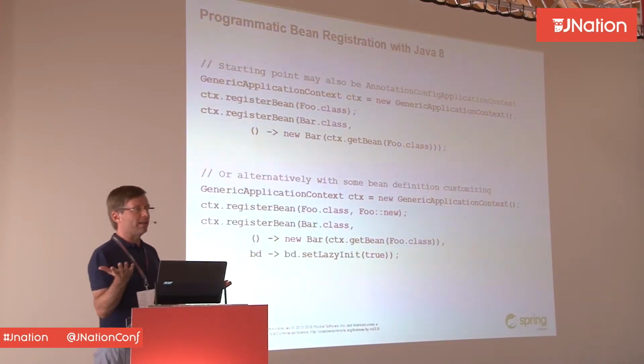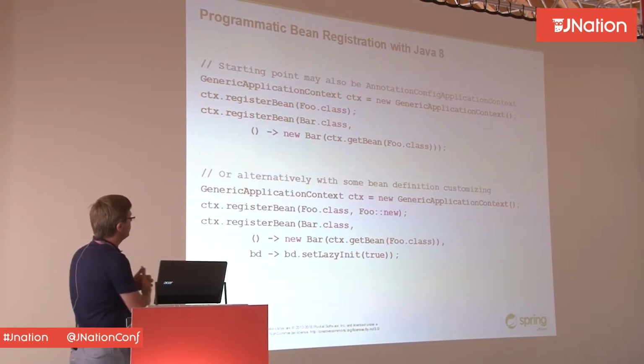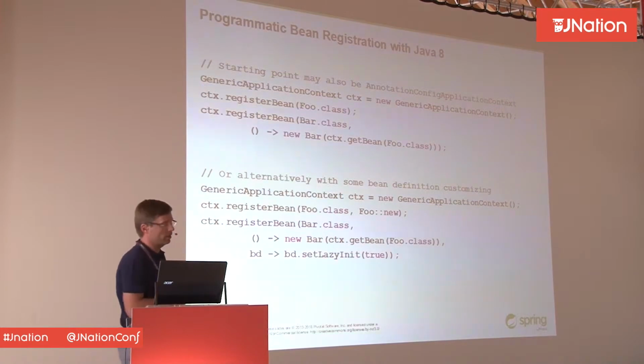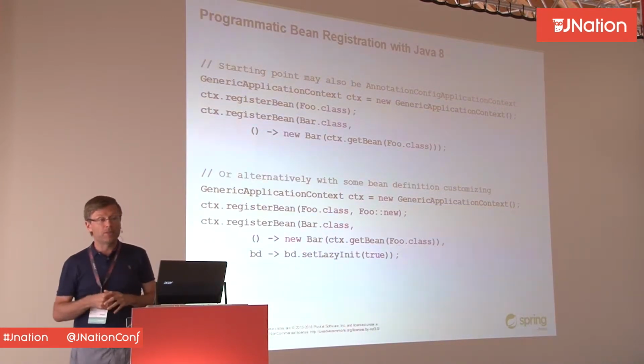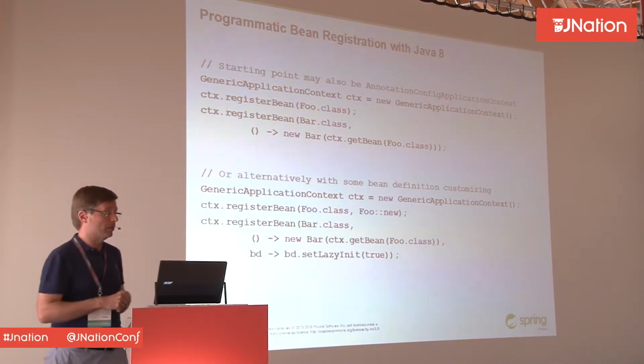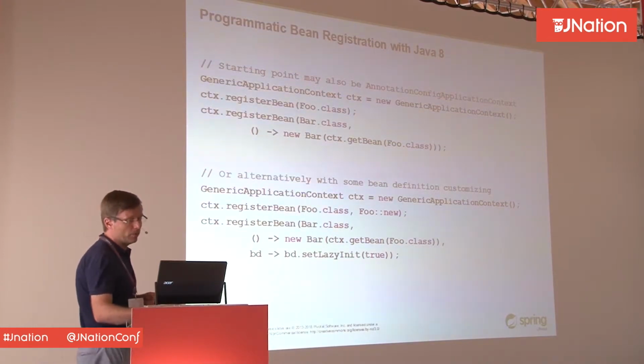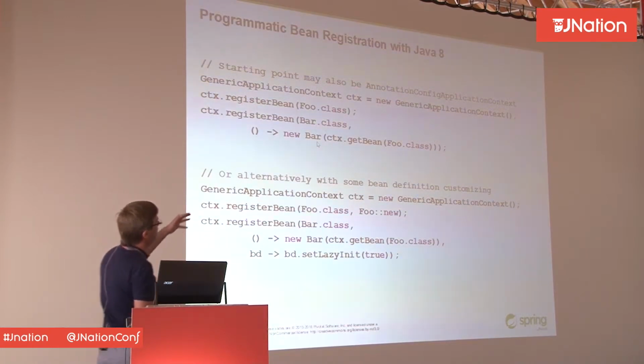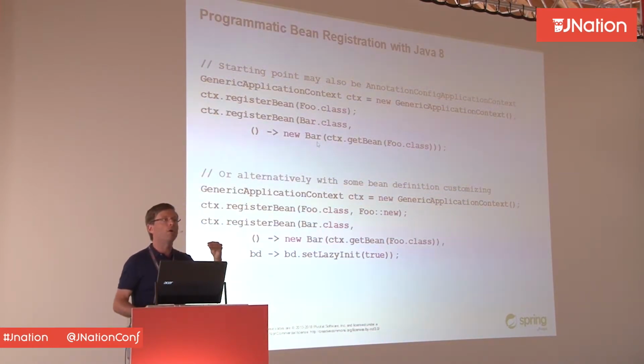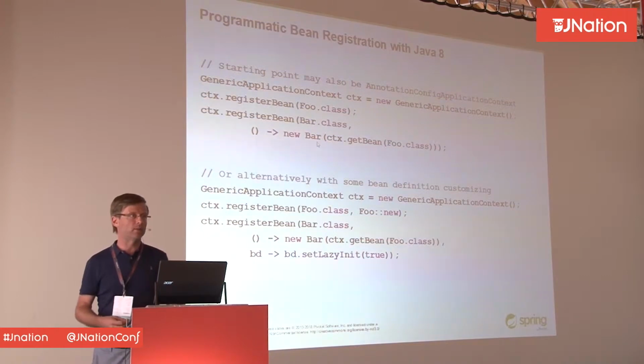The register bean with the Foo class is simple, right? We have to have a default convention, which is usually the default constructor to be called there. There's no annotation-based resolution, so no @Autowired resolution. It gets a little more interesting with these variants down here. This is essentially the functional equivalent of an @Bean method in a configuration class, of a factory method.